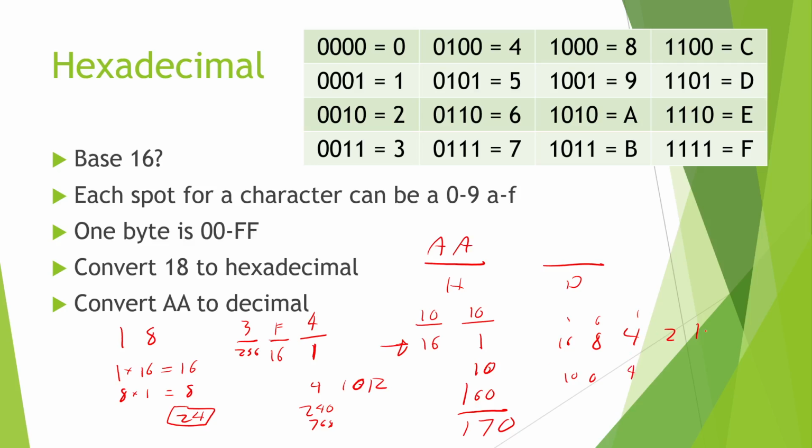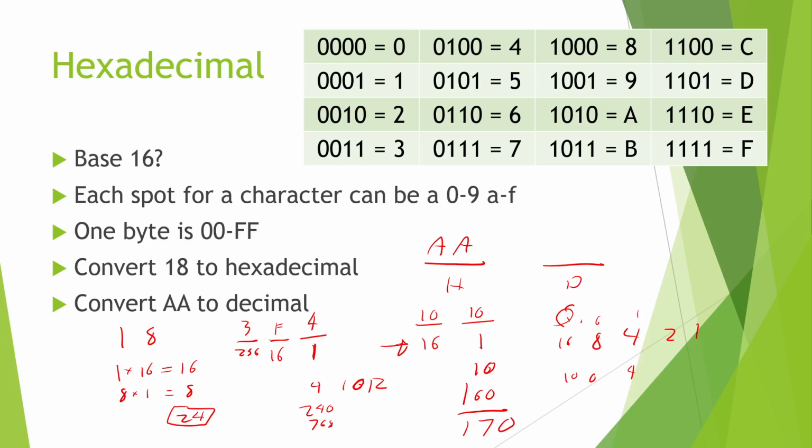It's the exact same process. It's just, instead of having only 1s and 0s up here, we now can have 0 through 15. That's the only real difference here. So it's not too bad in the long run converting hexadecimal to decimal or decimal to hex. It just takes a little thinking.